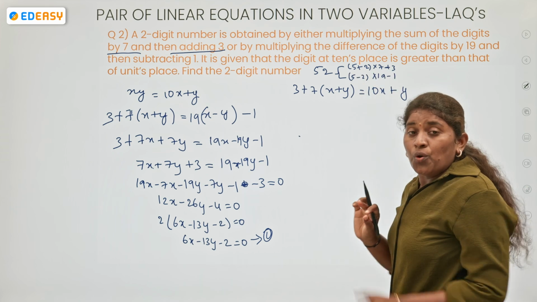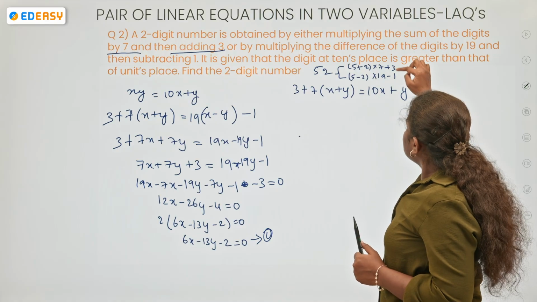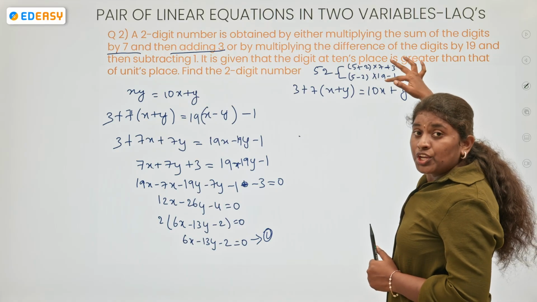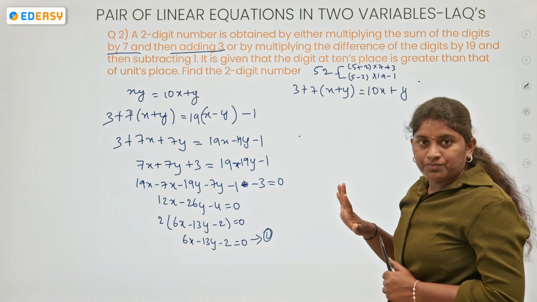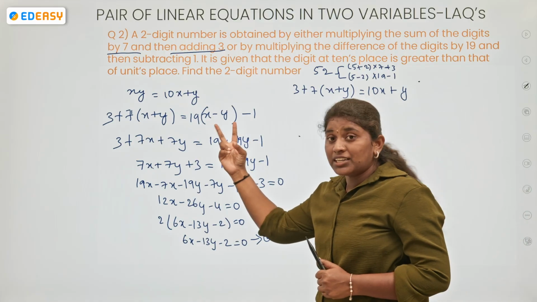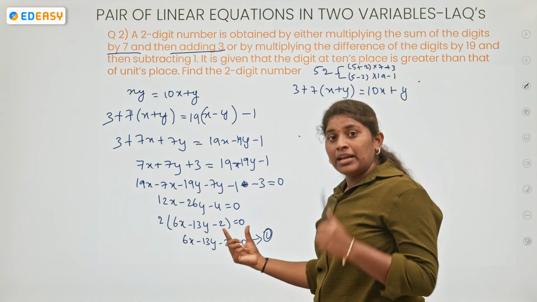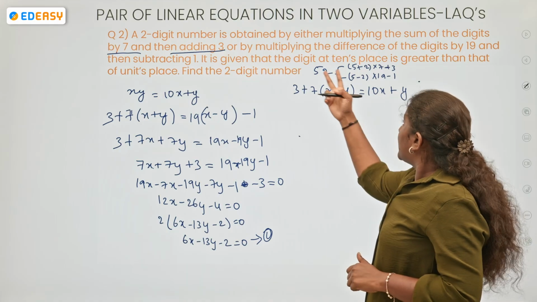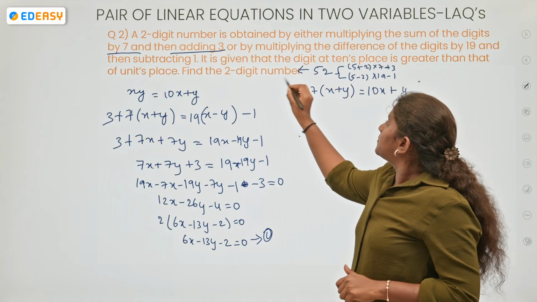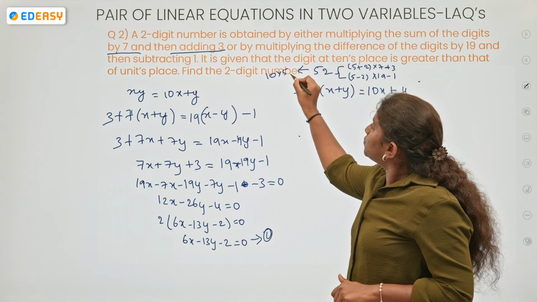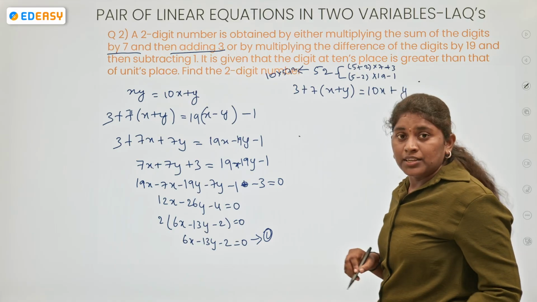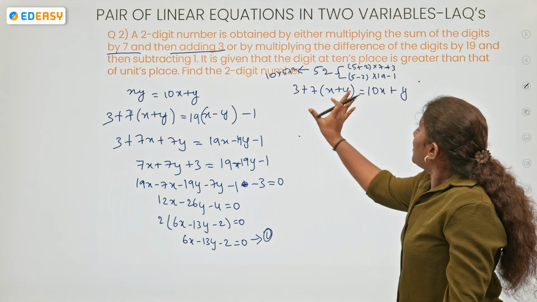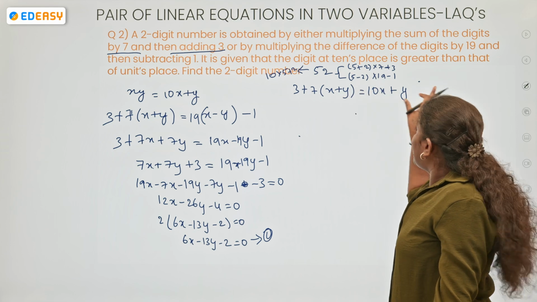Whenever you solve this or that, you will get the same value. From that condition you got one linear equation in two variables. And from the other condition, can I write my 52 as 10 into 5 plus 2? So here I am equating that number to my 10x plus y.